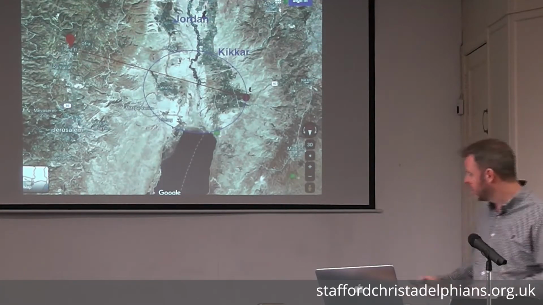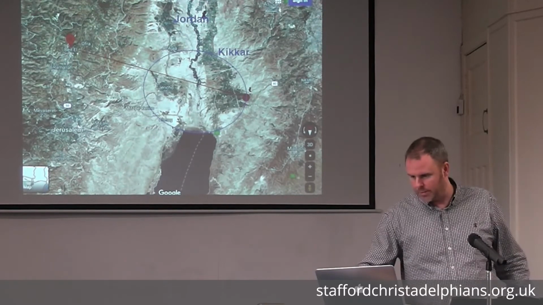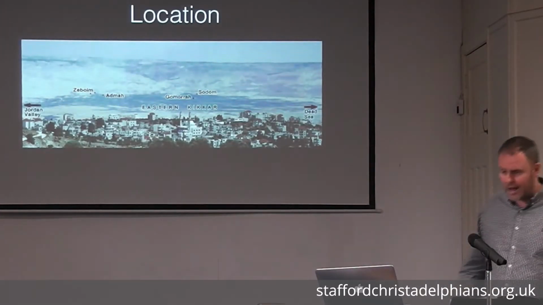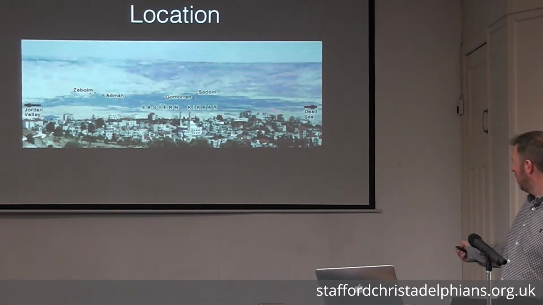So we talked about Lot looking east from Bethel and seeing a disc of Jordan and seeing the cities of the plain. And here is the view today from Bethel and Ai, with the sites which Dr. Collins has identified as being these cities identified. So you can see from Bethel, which is where we're standing, the eastern disc of land across the Jordan.